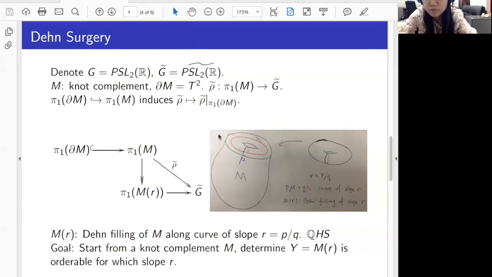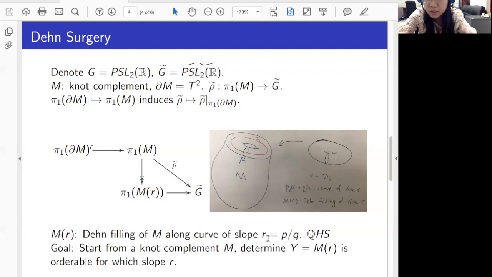This is called a curve of slope R. To get a closed manifold from the knot complement, all we need to do is glue a solid torus back along the boundary such that the meridional curve on the solid torus is taken to the curve of slope R on the boundary. And this is called a Dehn filling of M along the curve of slope R.